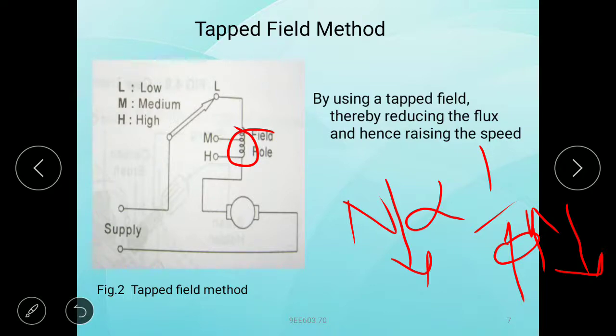The flux is inversely proportional to the speed, so automatically the speed will increase. We can also decrease the number of field poles.